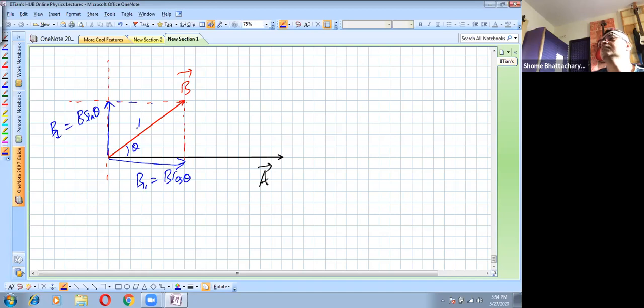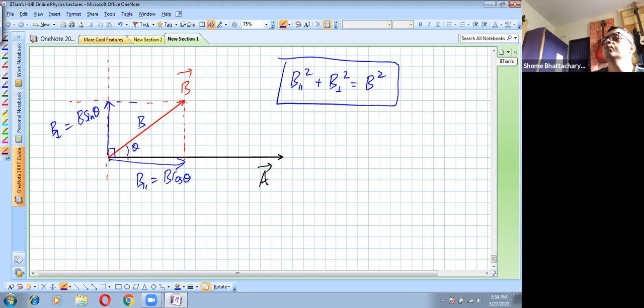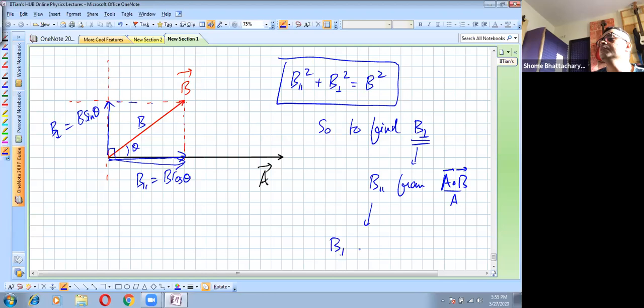Now notice something interesting, that this relation holds because they are mutually perpendicular. This component and this component are mutually perpendicular. That's why this relation holds. So to find the perpendicular component, we first find B parallel from A dot B divided by mod A, and then from that we find B perpendicular equal to root of B square minus parallel component square.